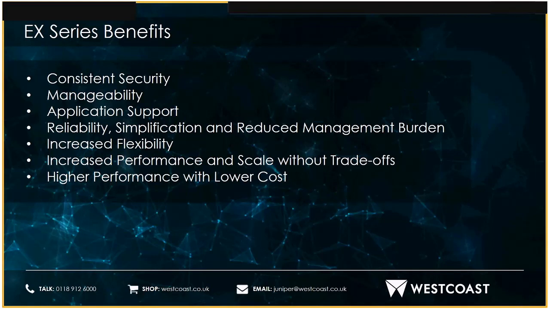So to summarize, Juniper gives your customers a simple, reliable, scalable, and flexible network, which is easily managed and actually is able to reduce your CapEx as well as your OpEx.